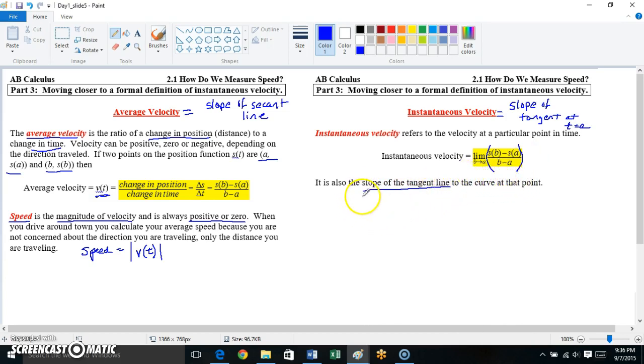All right, so just summarizing that, the limit as x approaches a of f of x minus f of a over x minus a. Again, average velocity, taking the limit, letting the interval get smaller and smaller, will result in instantaneous velocity.